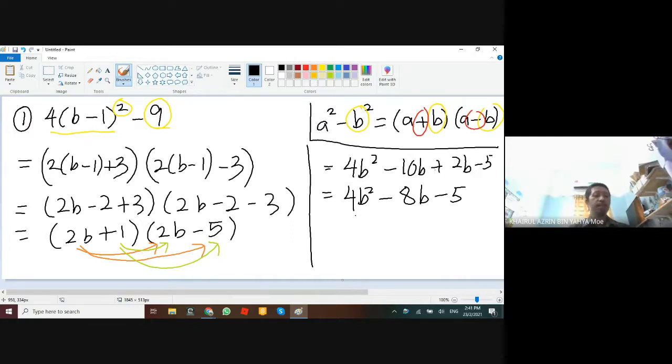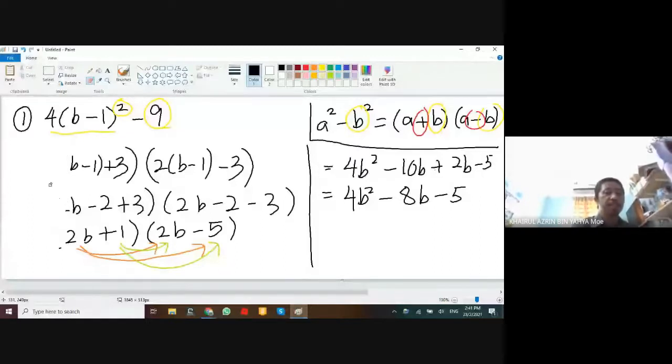I think this is quite difficult. Okay, let me erase this one. I want to use different method, much more easier compared to this one. This is quite difficult actually to do. So I not recommend you to do this method. You still can do if you understand, but I not recommended it.